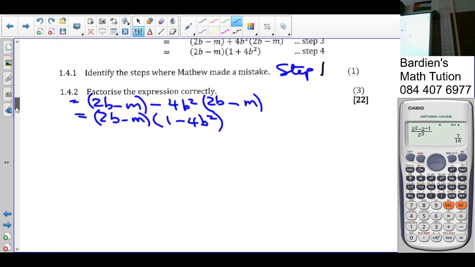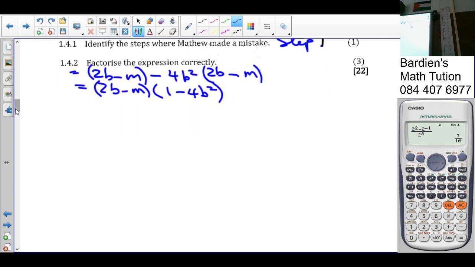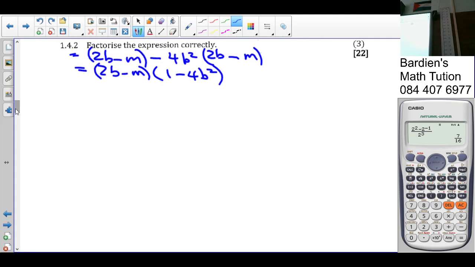Matthew is losing a lot of marks here. What's wrong with Matthew? Alright, what do we do now? Difference of two squares. And what are we left with? 1 plus 2b and 1 minus 2b.